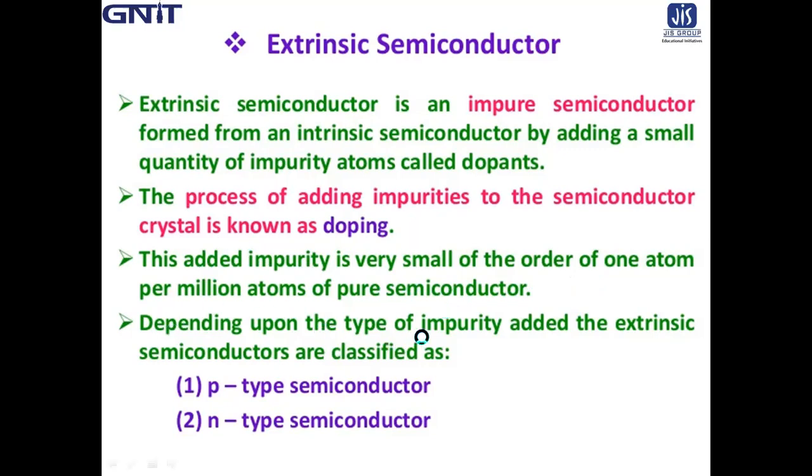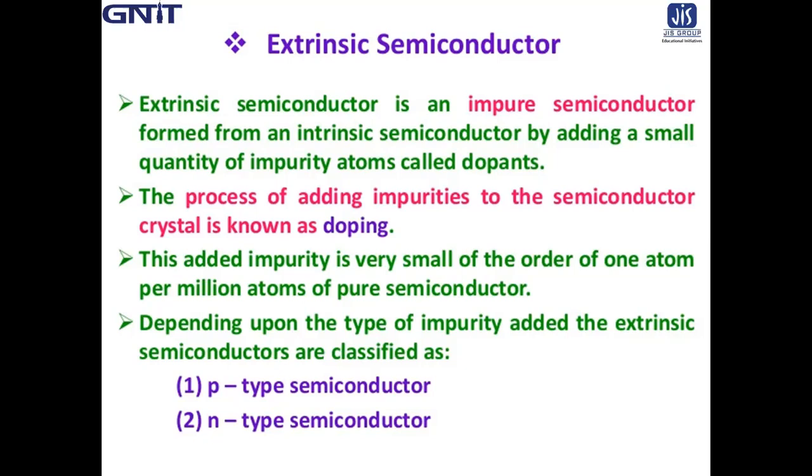Now, depending upon the type of impurity added, extrinsic semiconductors are classified as P-type and N-type semiconductors.